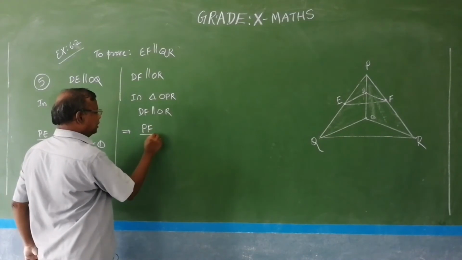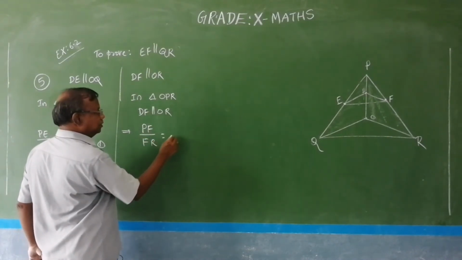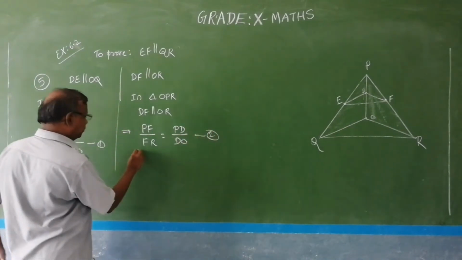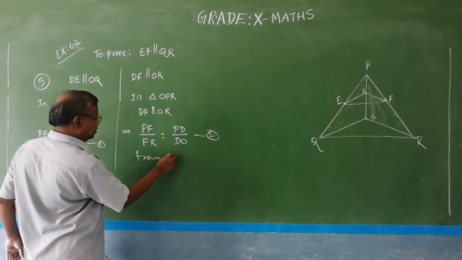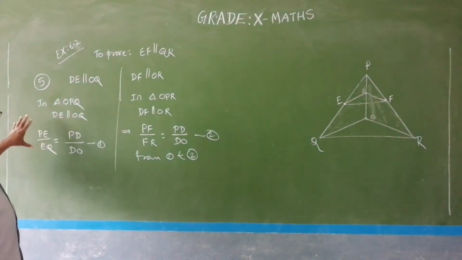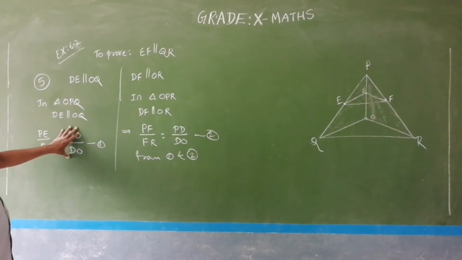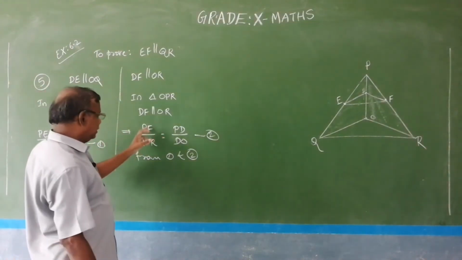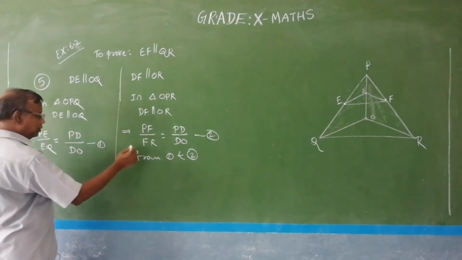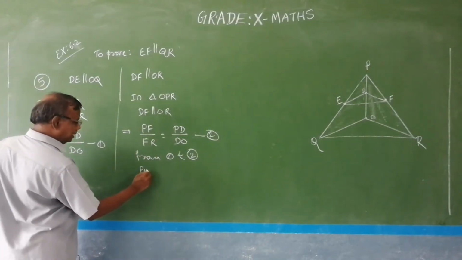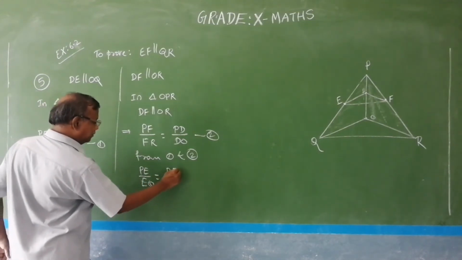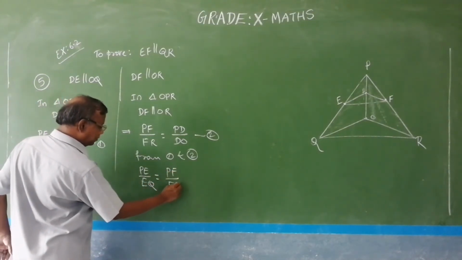Say this is 2. So from 1 and 2 we have PE divided by EQ equal to PD divided by DO, and this ratio is also equal to PF divided by FR. Therefore we can equate PE divided by EQ equal to PF divided by FR.